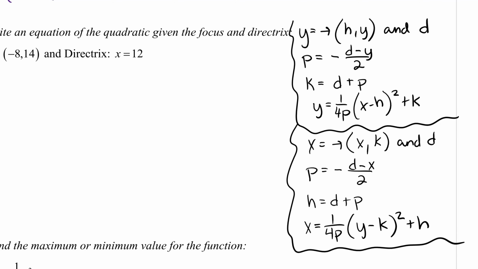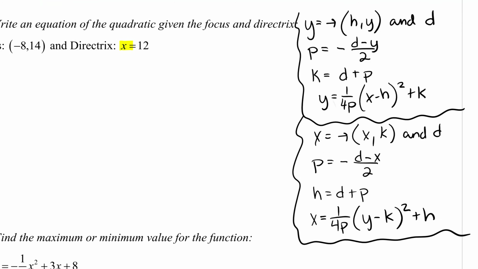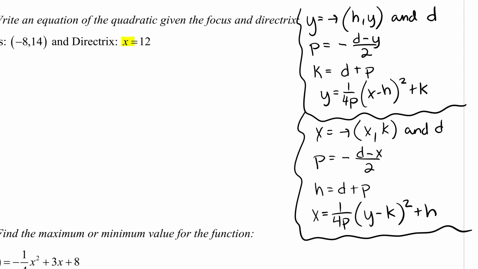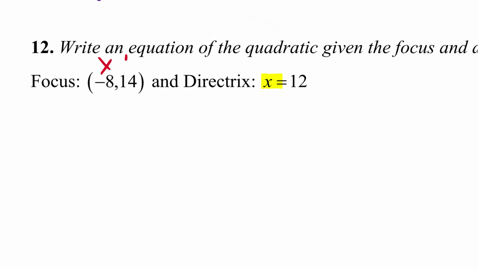So notice on this one, I have an x equals. You can tell from the directrix. So if the directrix is x, then I follow the x equals. If it's y, I follow the y equals. Okay? So since I have an x equals, notice over here on my notes, I have x, k, and d. So I'm going to label x, k, and d. Now the first thing I want to solve for is p, because I have to.